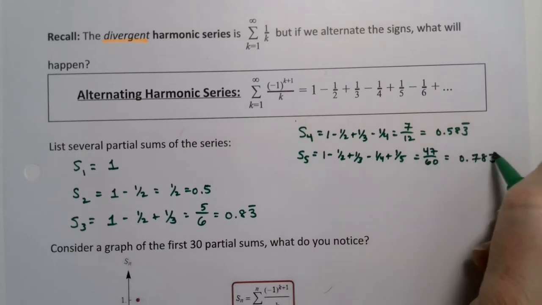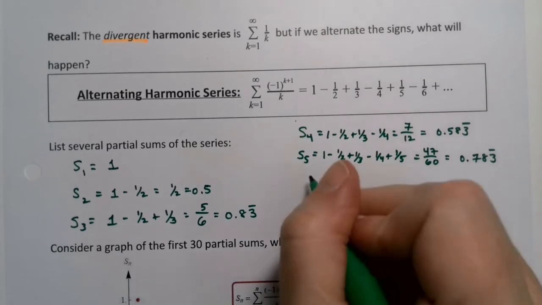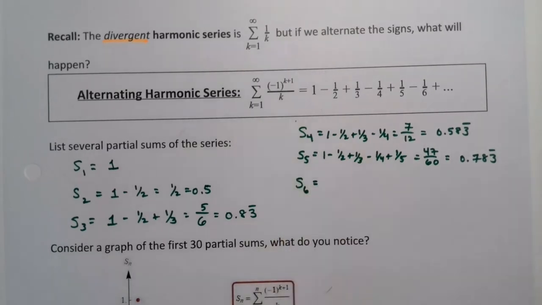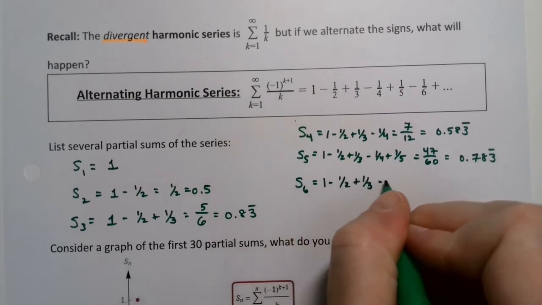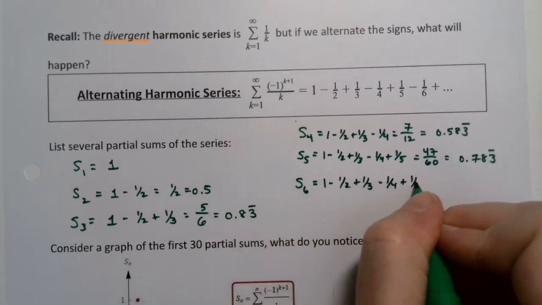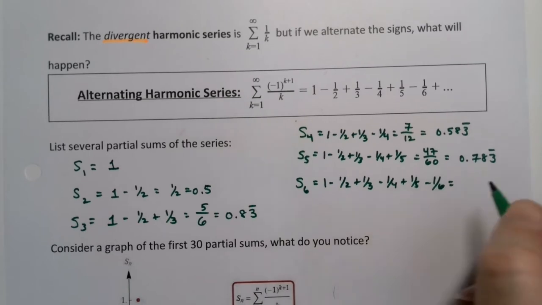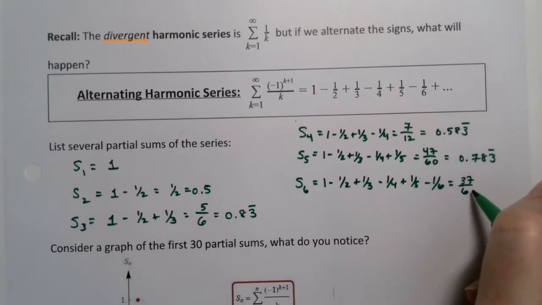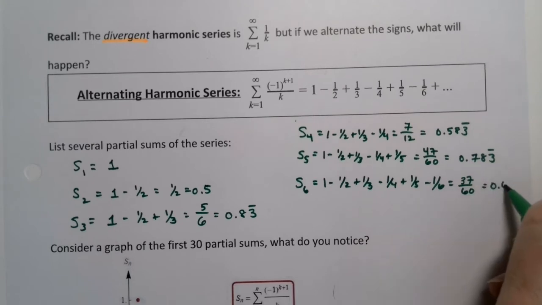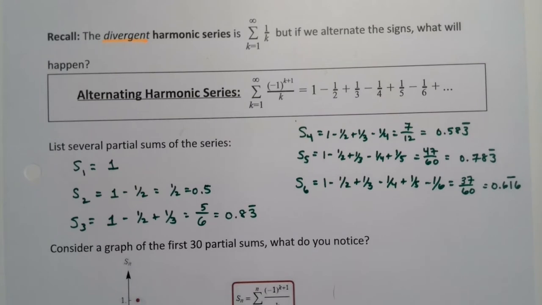S6 would be 1 minus a half plus a third minus a fourth plus a fifth minus a sixth, which would be 37/60, which is 0.616 repeating. And we would keep going like that forever and ever.